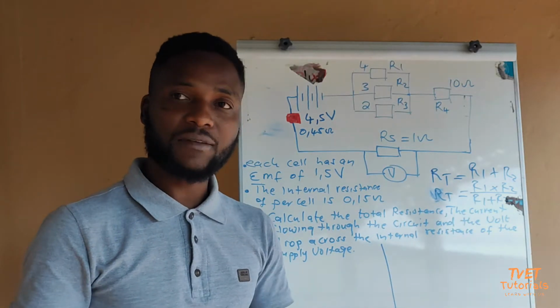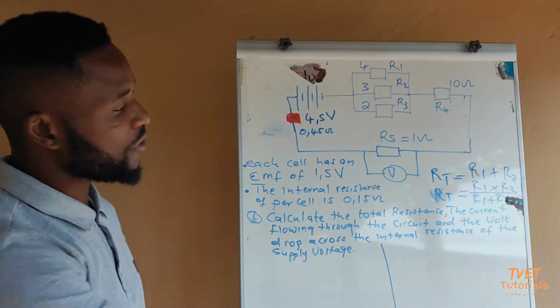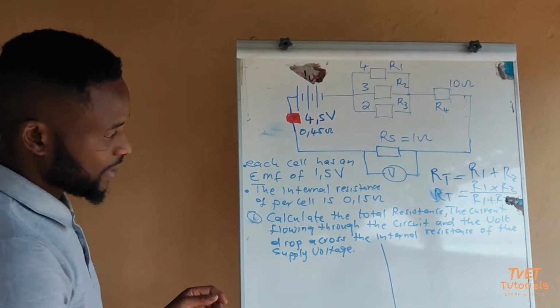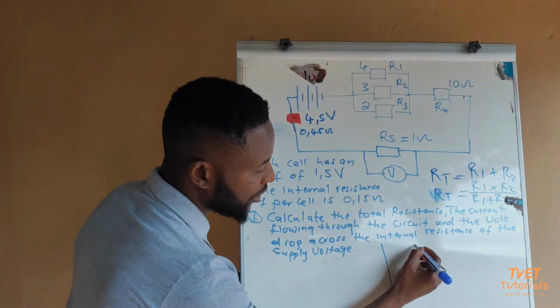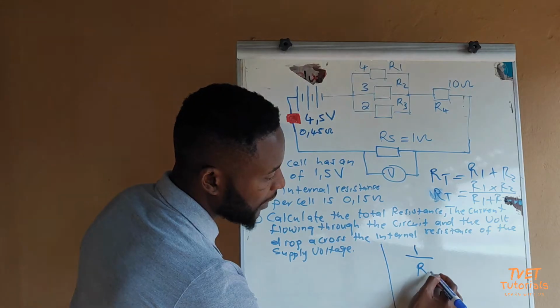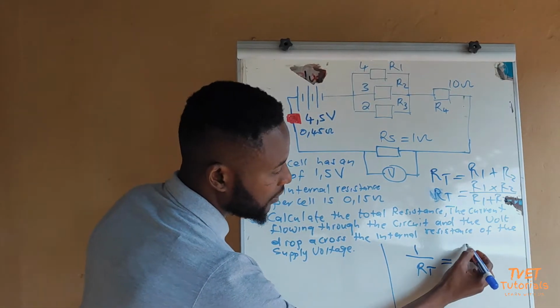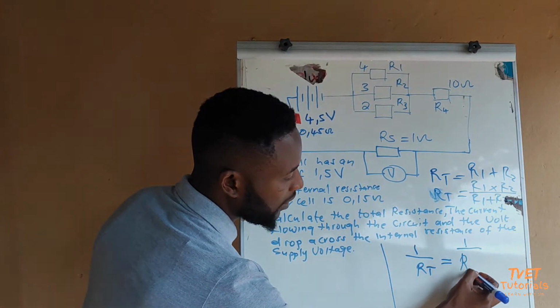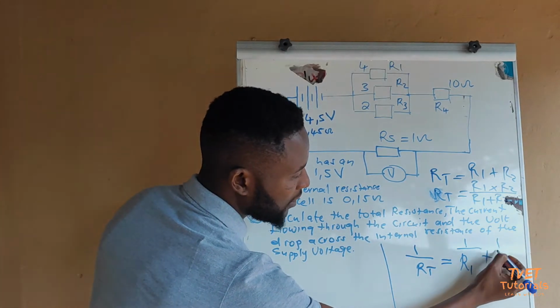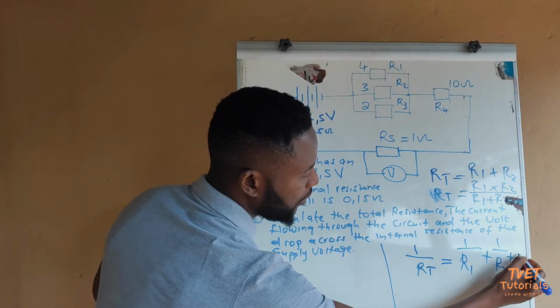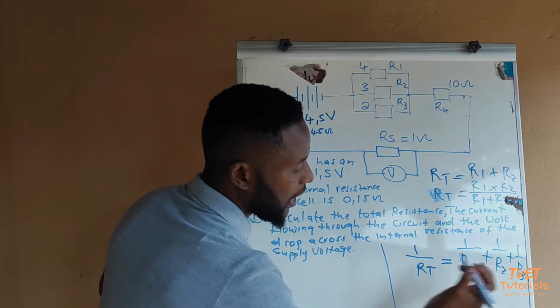in parallel. But if you have more than two, you have to now apply the equation 1 over RT equal to 1 over R1 plus 1 over R2 plus 1 over R3.